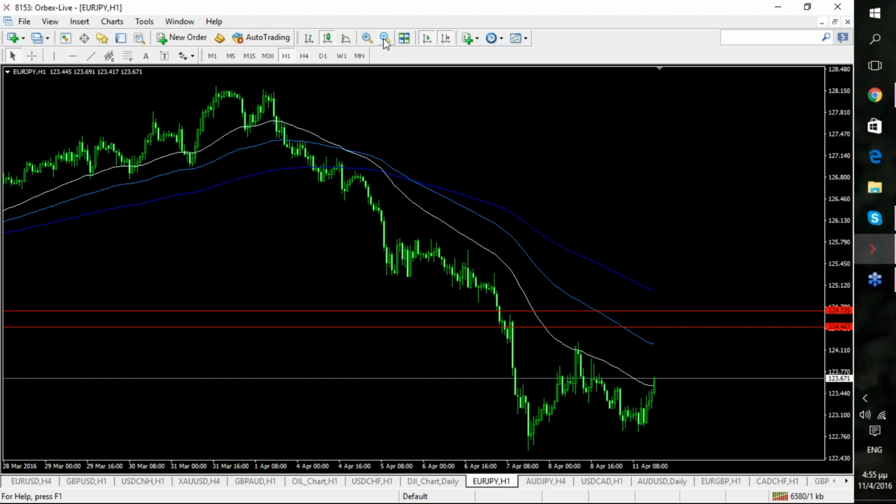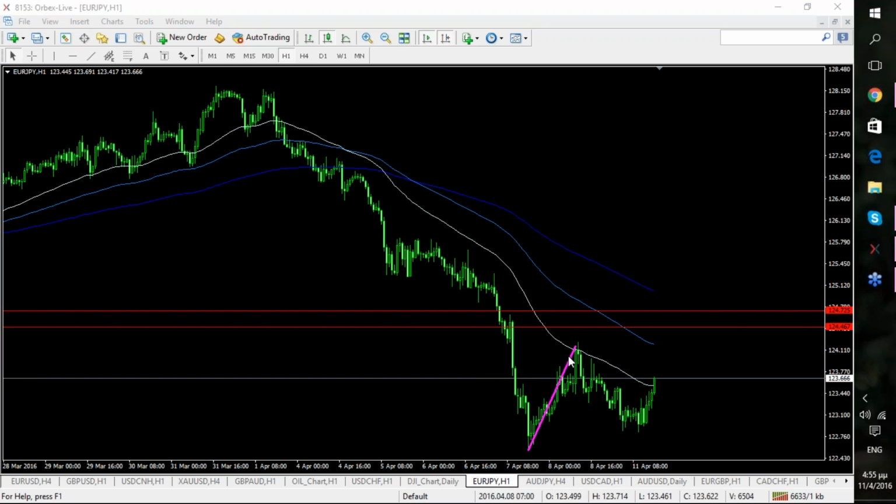But here itself, we have got sort of like a W-like pattern, okay, which means that even though you've got an ABCD like this for the 1 hour chart, I'll just draw out the ABCD first. Prices at the moment for Euro JPY is trading at 123, very nice number, 123.6566 area.